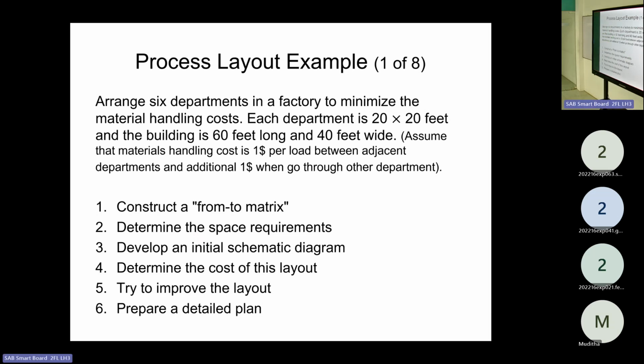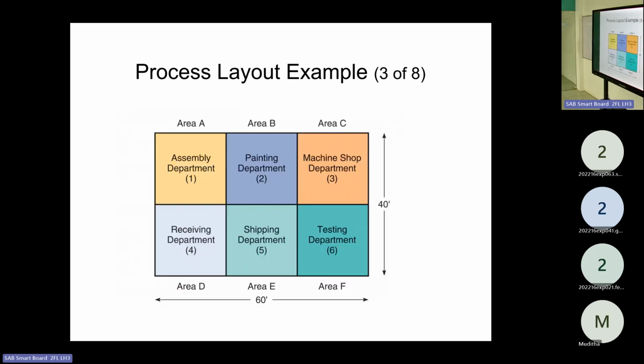In any trial and error method, it has to begin somewhere. We call it the initial solution. So we have to develop an initial solution first, and that is what we call the initial schematic diagram, an initial solution that shows where to place which department. And then determine the cost of that plan first, and improve it.